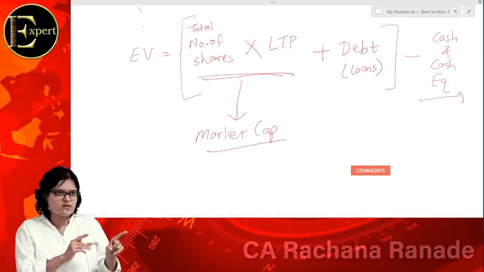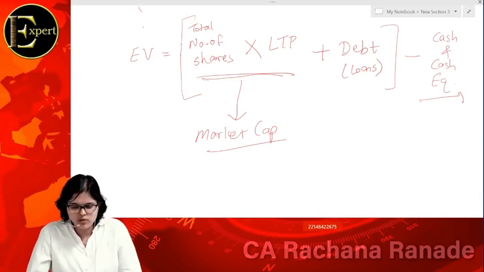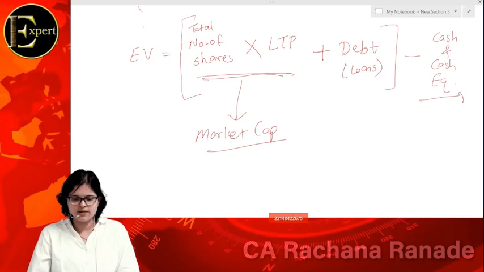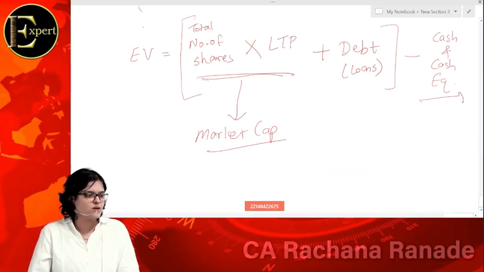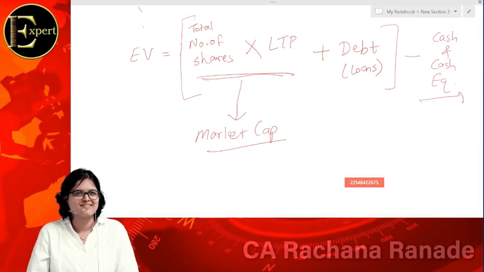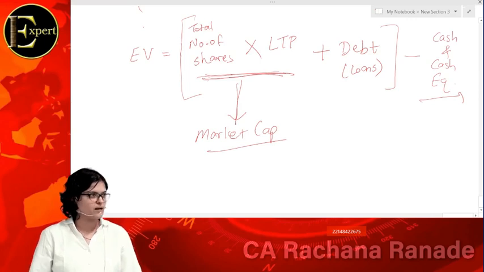Just write this ratio and we'll stop. Write down: enterprise value is equal to total number of shares multiplied by LTP. The simple meaning of this phrase is market capitalization.